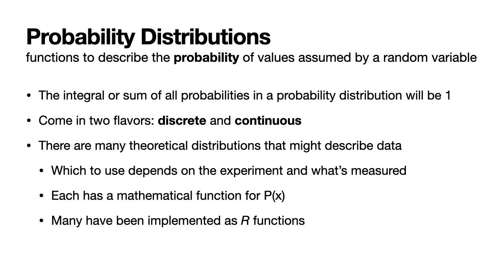Which distribution to use really comes down to the experiment, its parameters, and what you're measuring. All these theoretical distributions have some mathematical function that takes in parameters and outputs probability of observing a given value. But for the most part, we'll not be calculating these results by hand, and we'll instead be using functions that have been implemented in R. You'll get to practice this in the distributions workshop.